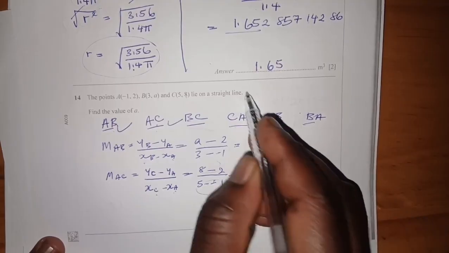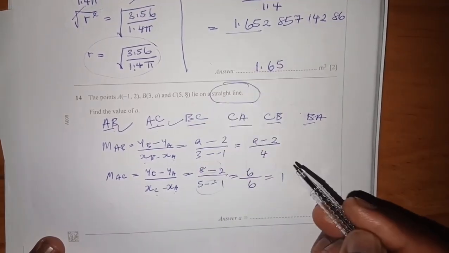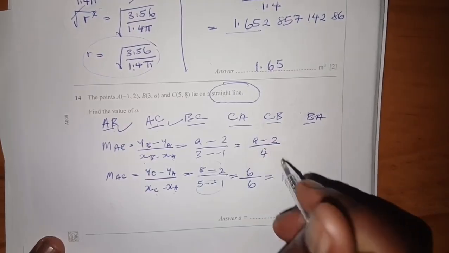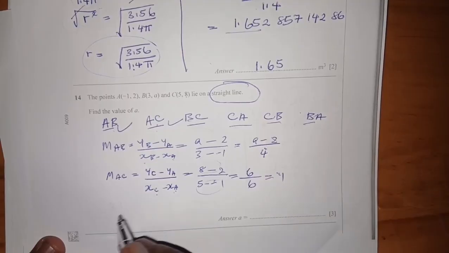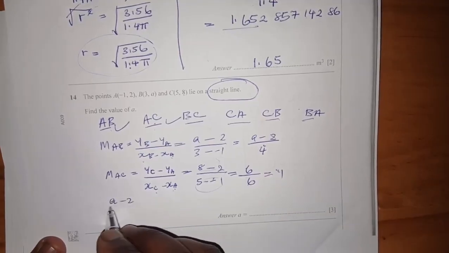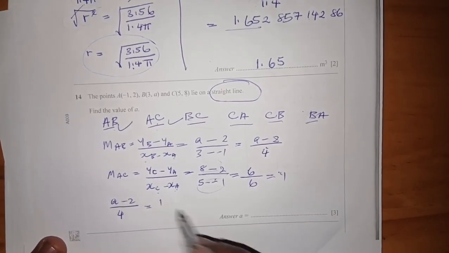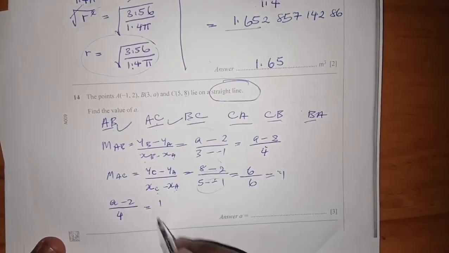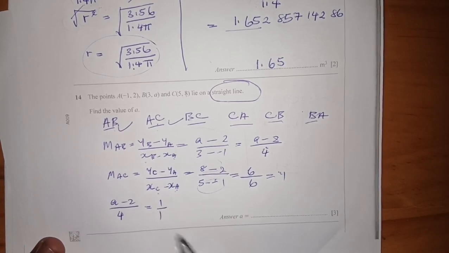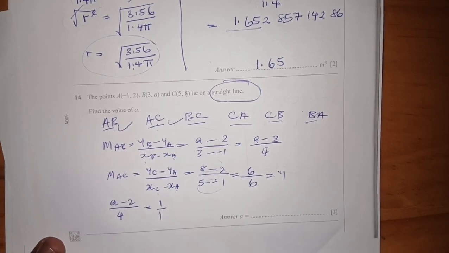Now being told that these points are lying on the same straight line, their gradients are definitely equal. So now you have A minus 2 over 4 being equal to 1. Knowing that this is just 1, any whole number is a rational number because it can be written as a fraction over 1.